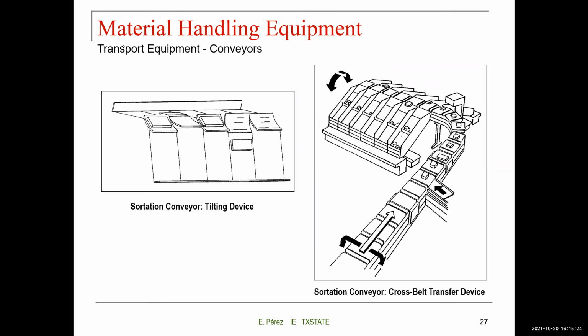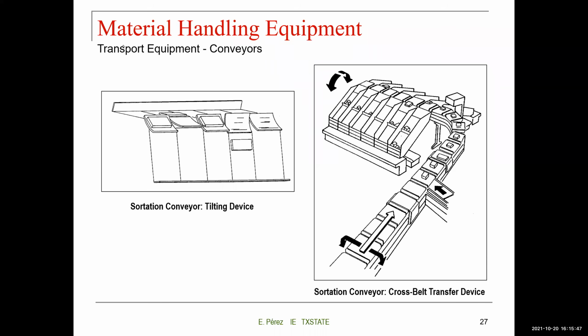These are a little bit more specific in terms of applications. I cannot come up with a specific application for these two, but the idea again is they give you the flexibility of choosing a specific path for your product.